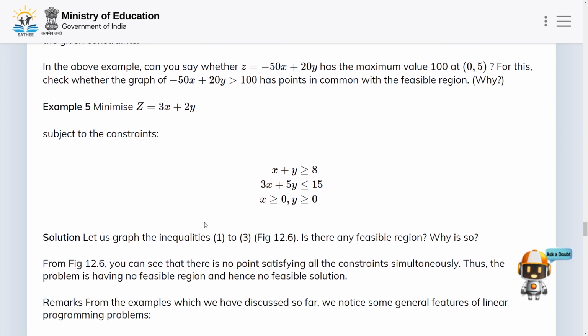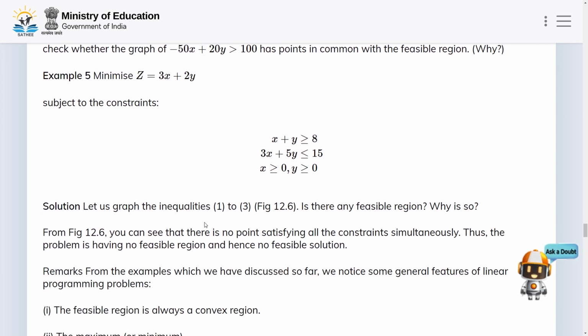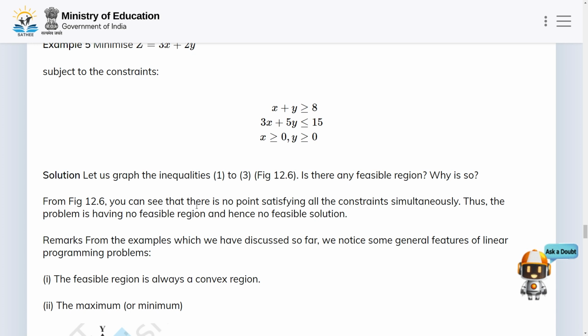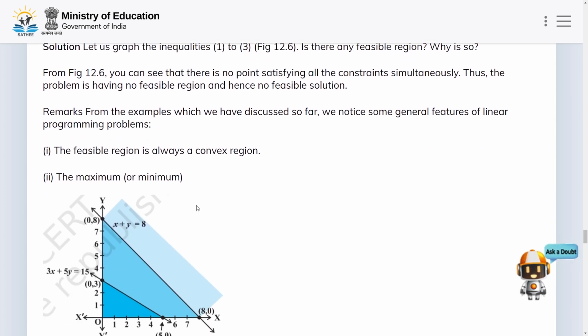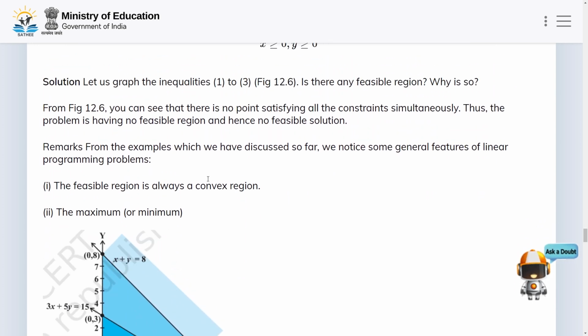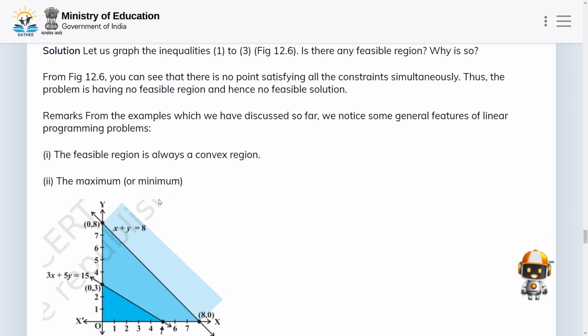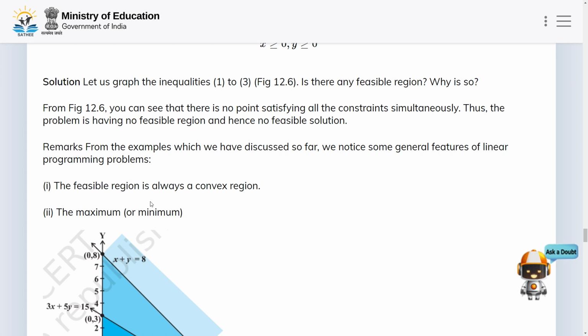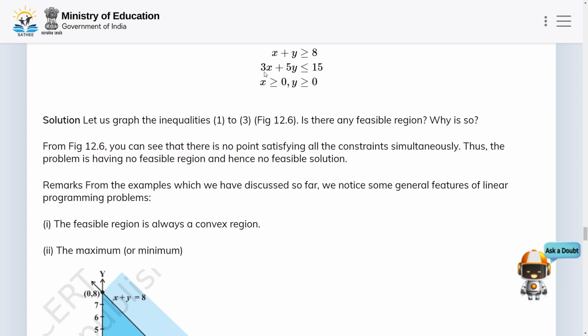Now the last example we will be seeing here. To minimize z equals 3x plus 2y will be our objective function. The constraints are here. Now just graph it. After graphing, you will get this. Clear?